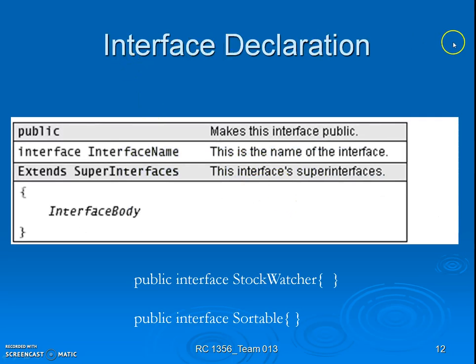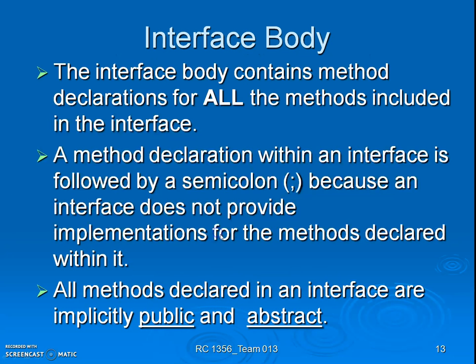In the interface declaration you can make use of an access specifier like public, which makes it public. Then the interface name, this is the name of the interface. If it is extended by some other interface, you can make use of extends super interfaces, and you can define it like this with some interface names and so on.